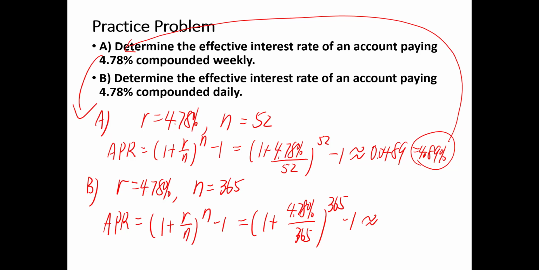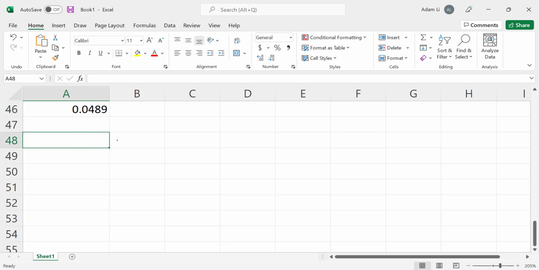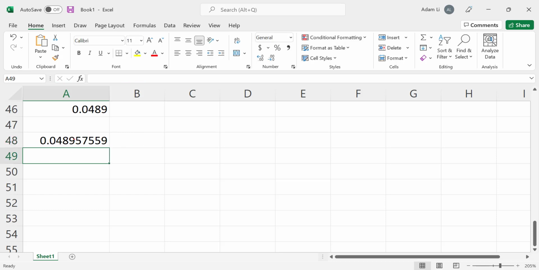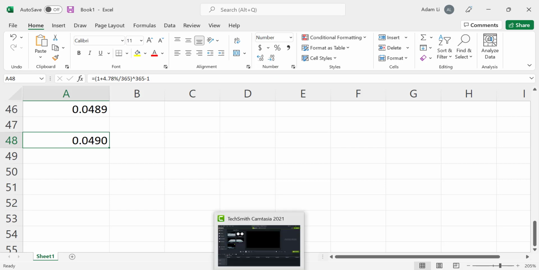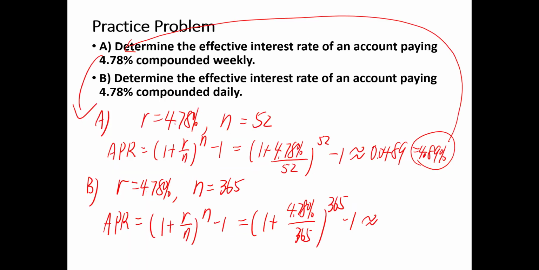The result is slightly higher: 0.0490. So more compounding periods give us a higher interest rate.